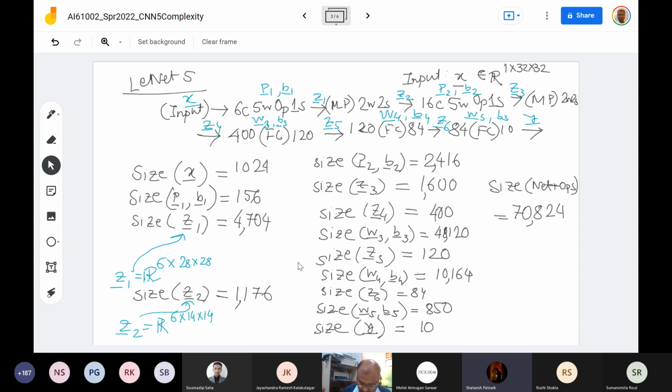Let us look: 1024 plus 4704 plus 1176 plus 1600 plus 400 plus 120 plus 74 plus 10. 9118.